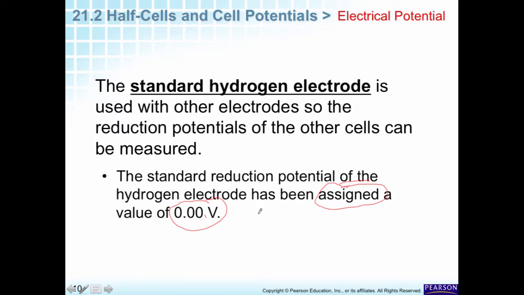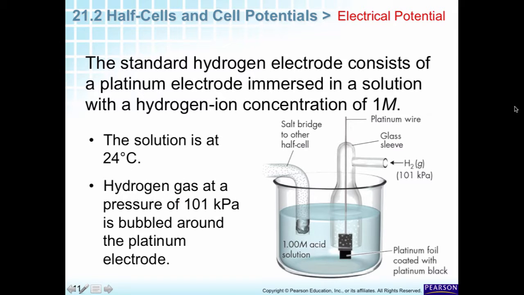So some things will have an E greater than 0, and some things will have an E less than 0. In other words, if it's above 0, it's more likely to be reduced. It's a little bit different from what we learned in the last lesson, where we had the oxidation on the top.